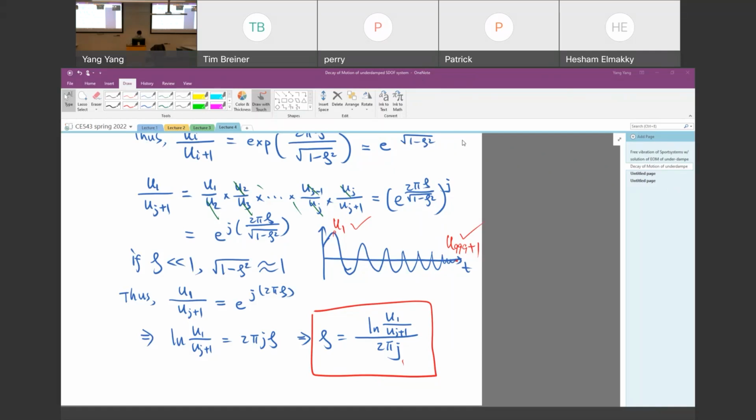Okay, everyone, let's resume the class. So this is how we can solve. We can use this equation to calculate the damping ratio if we have the testing data.